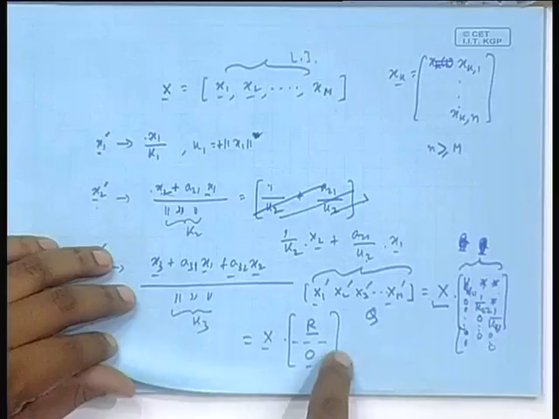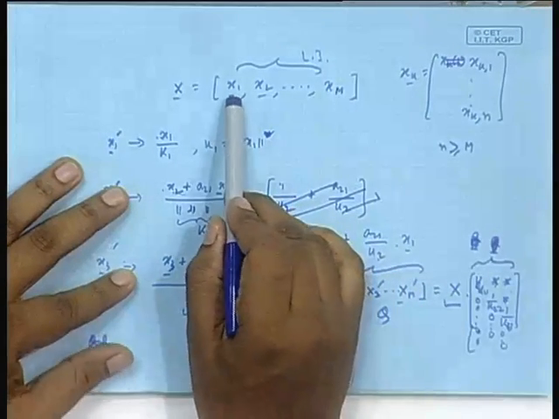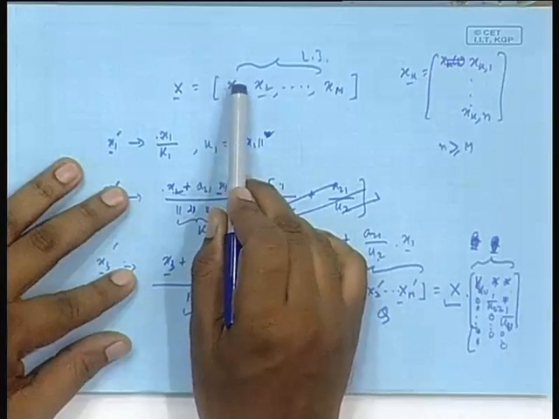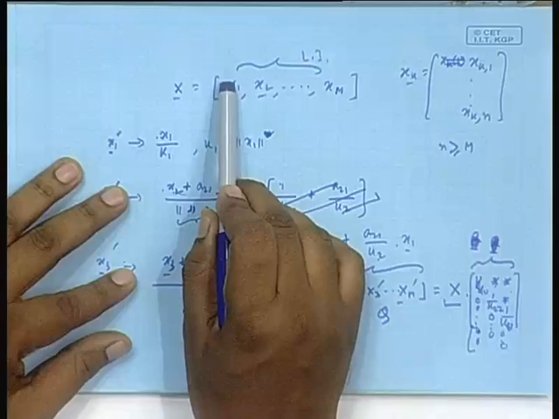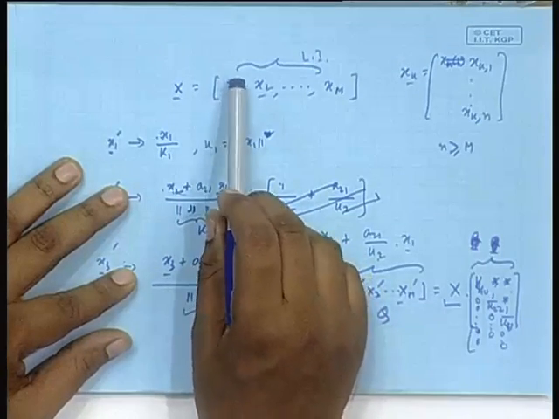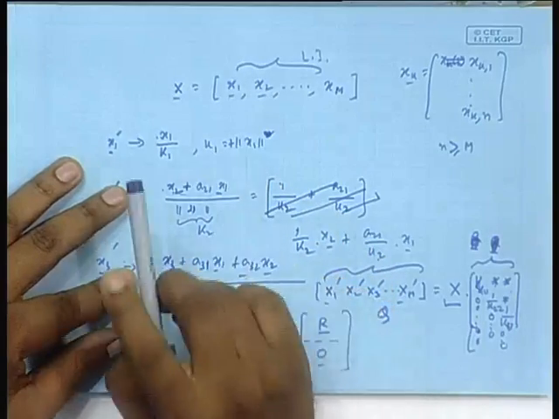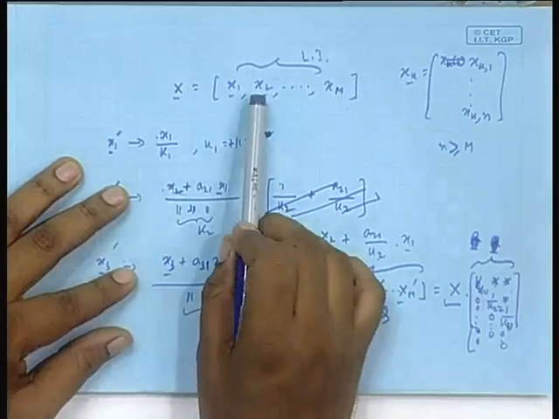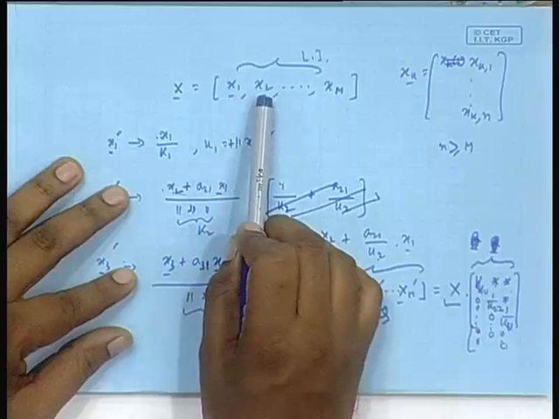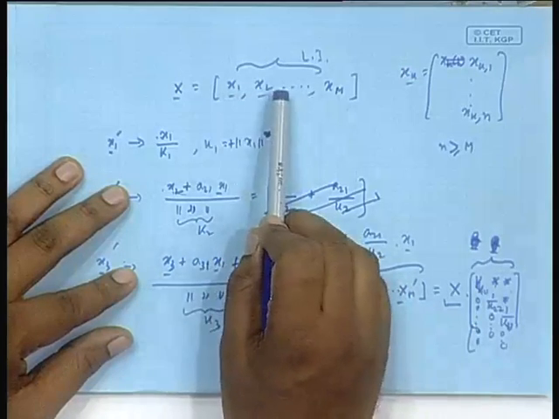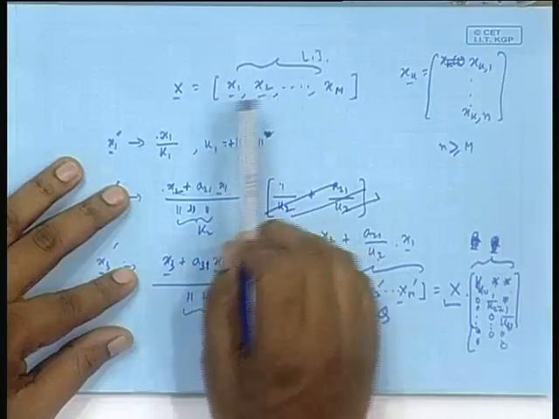Let us first consider its application in the adaptive filter case. Then x1 will be a vector x1(n), x2 will be x2(n). In the adaptive filter case that we studied, x2(n) will be z inverse x1(n), x3(n) will be z inverse to z inverse x1(n), and so on and so forth.